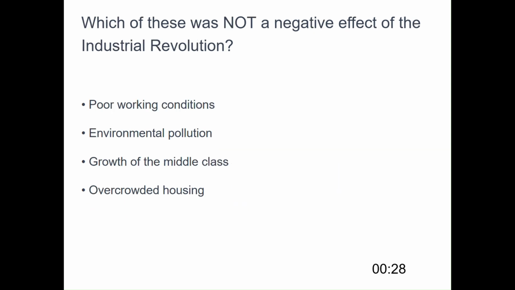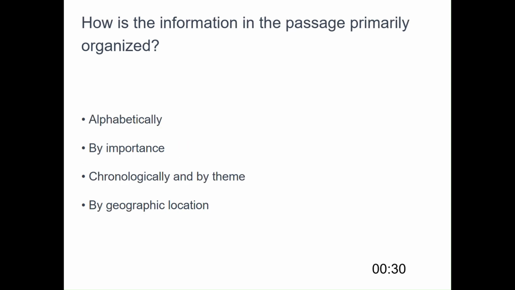Which of these was not a negative effect of the Industrial Revolution? How is the information in the passage primarily organized?